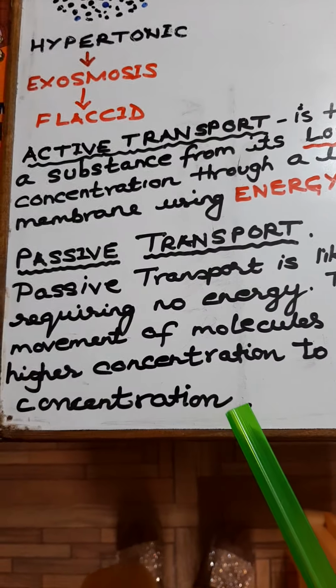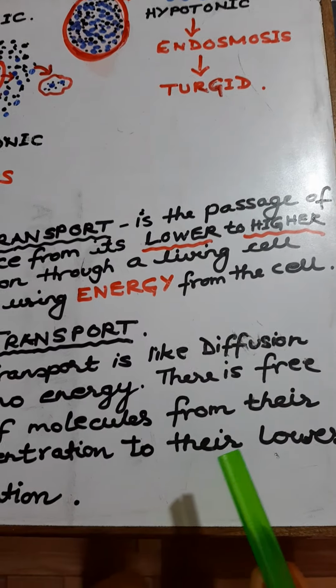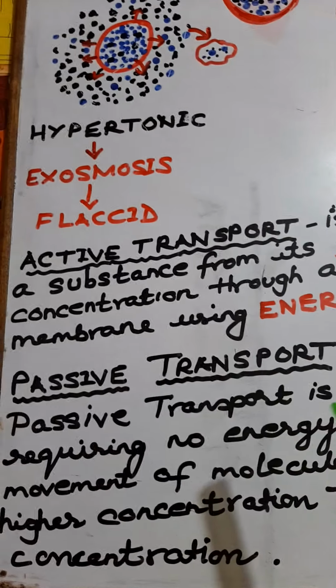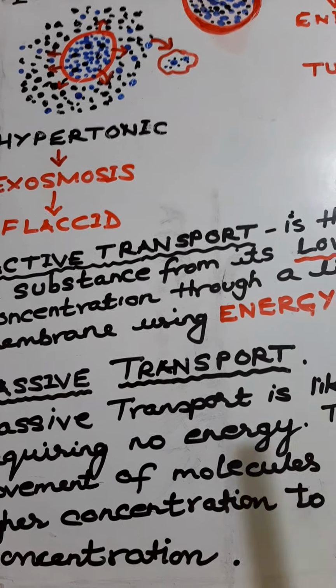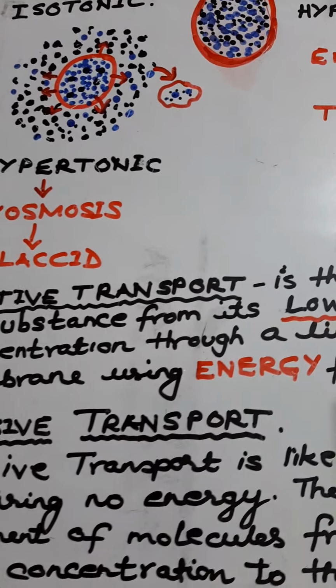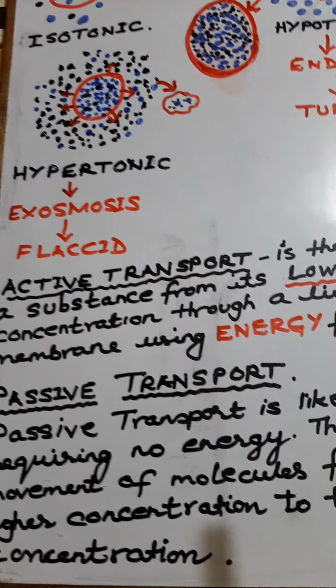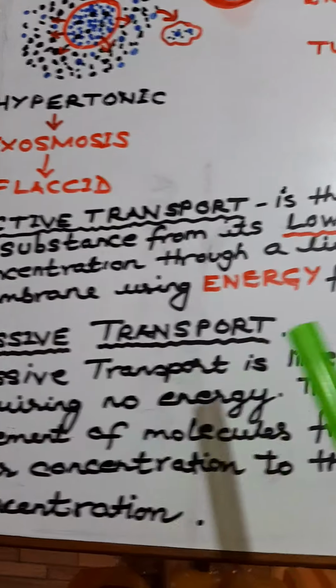Now the next one is passive transport. Passive transport is very much like diffusion, where molecules move from a highly concentrated region to a less concentrated region, and it requires no energy. So passive transport is like diffusion, requiring no energy.